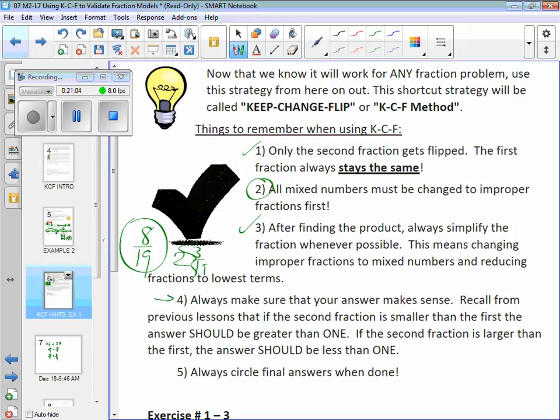If your first fraction is smaller, that makes your second one bigger. That means your answer is going to be less than 1. But if your first fraction's bigger than your second fraction, then your answer is always greater than 1. So just be careful.